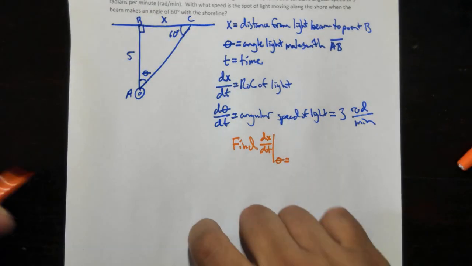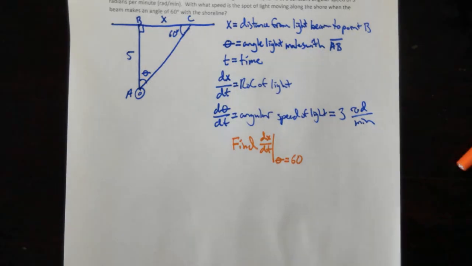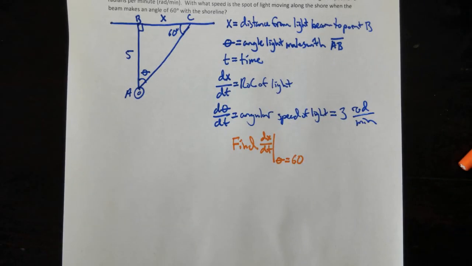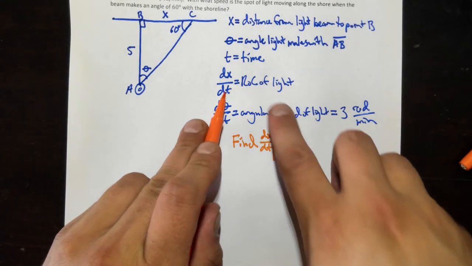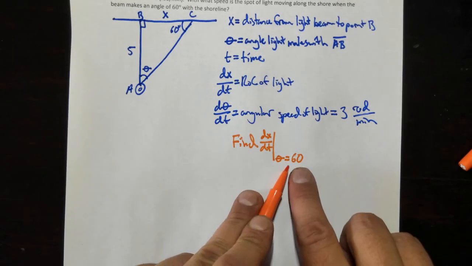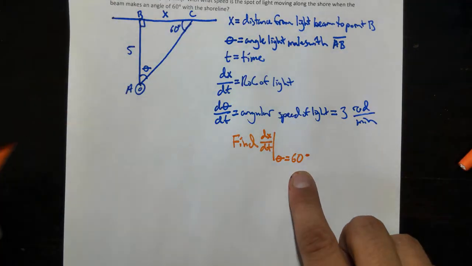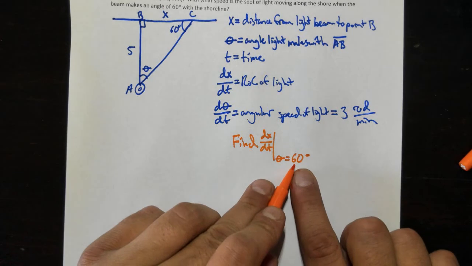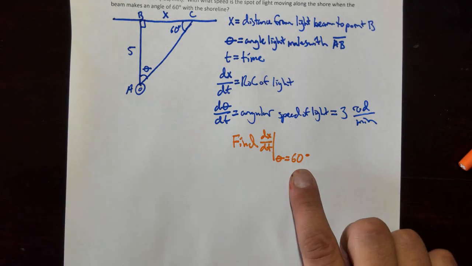I just realized we're going to come into a problem here, because this is in radians and this is in degrees. So let's go ahead and switch the 60 degrees to radians right now. No, we'll do it later.